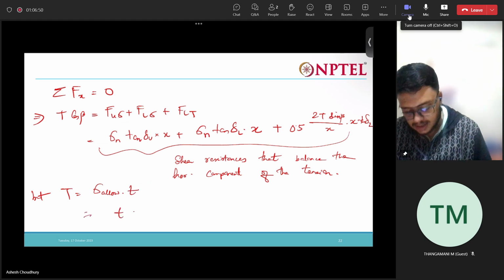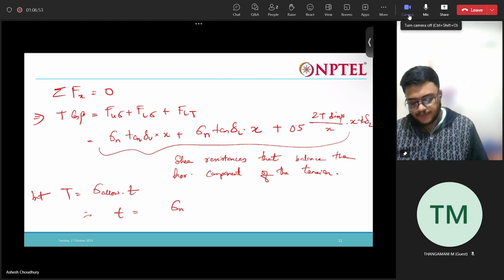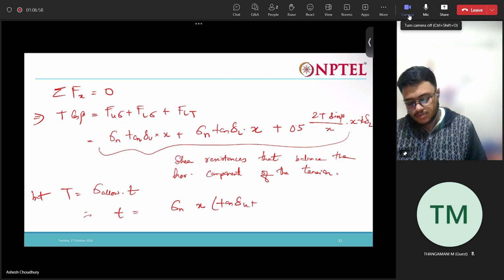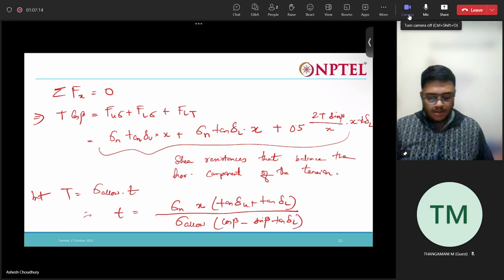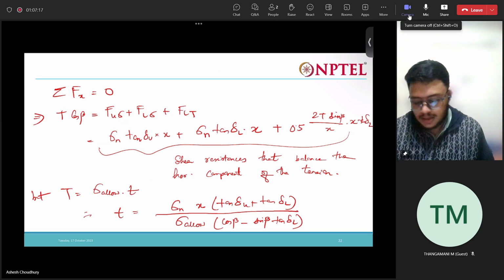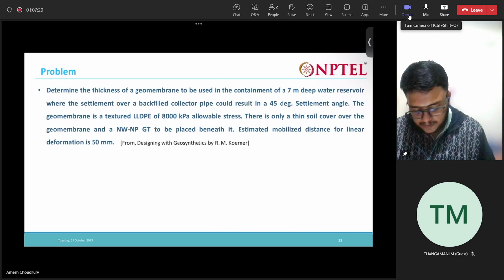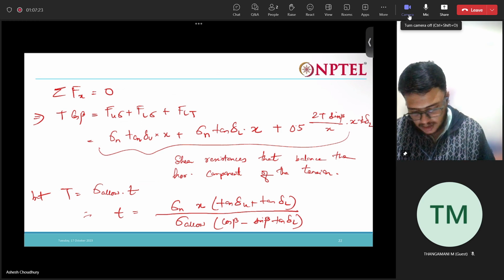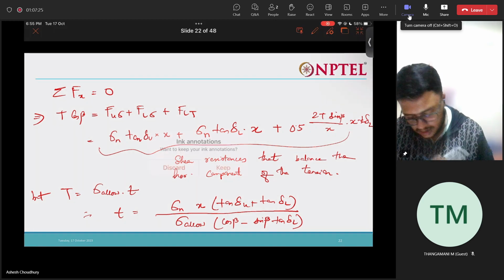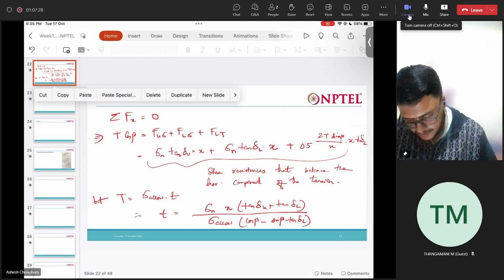Therefore, this thickness we can tell, beta sine beta. Okay, this is the thickness. I will just add one more page and write everything down.